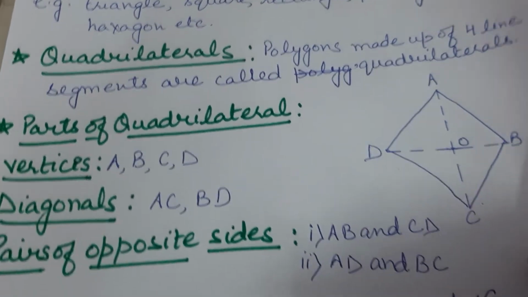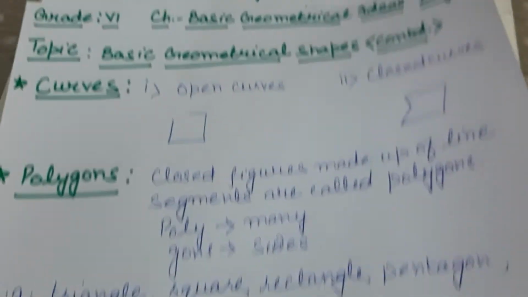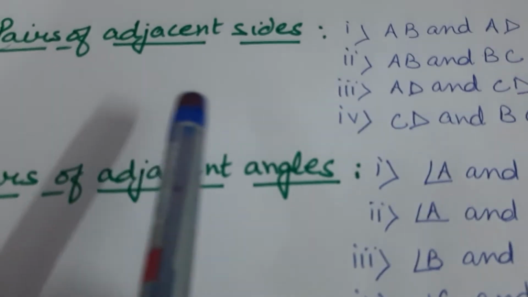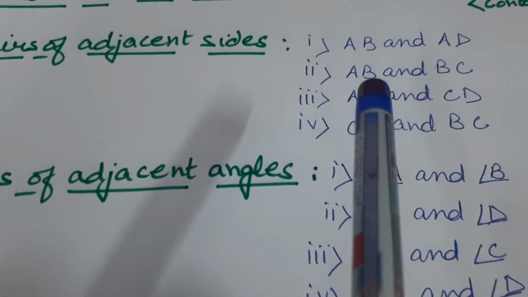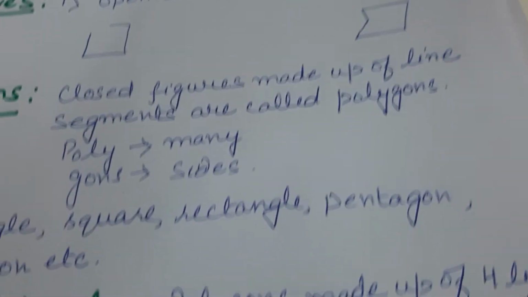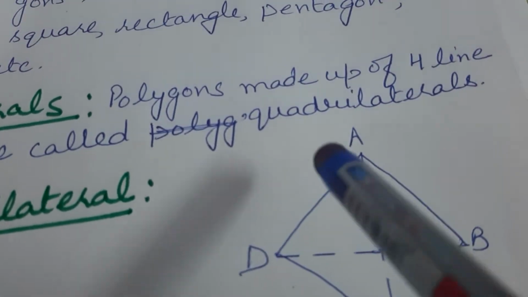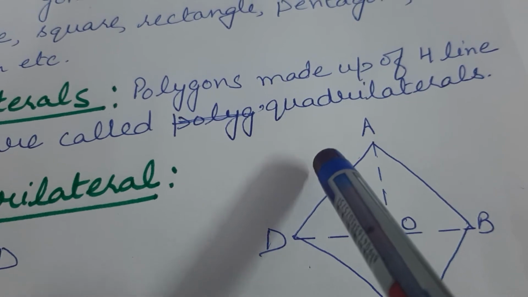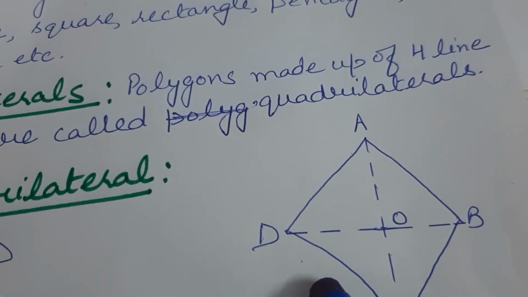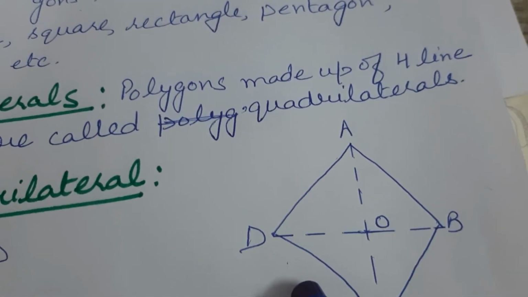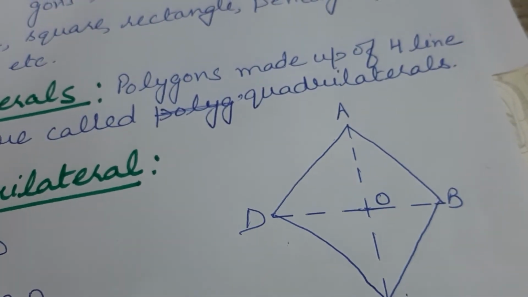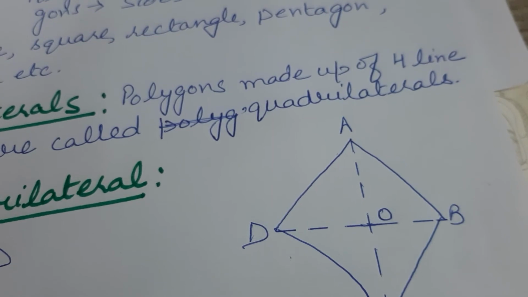So next is pairs of adjacent sides. Now what are adjacent sides? Adjacent sides means these two sides. Okay, next side. So adjacent sides are, first, AB and BC. This is the first pair.